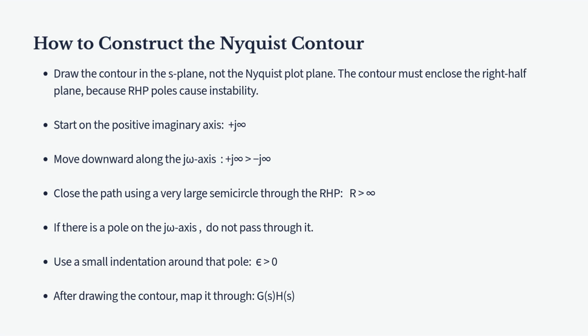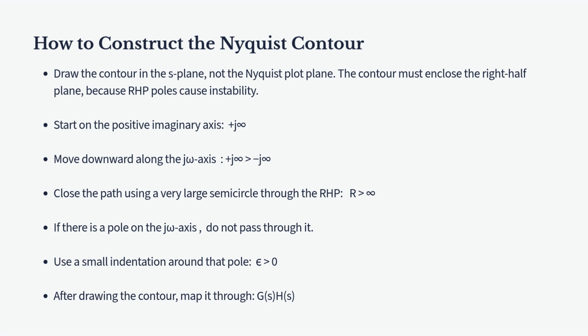Now let's see how to construct it. First draw the S-plane, then mark the right half plane. After that, draw a path along the imaginary axis. Then close the path using a large semicircle through the right half plane. This gives us a closed contour.